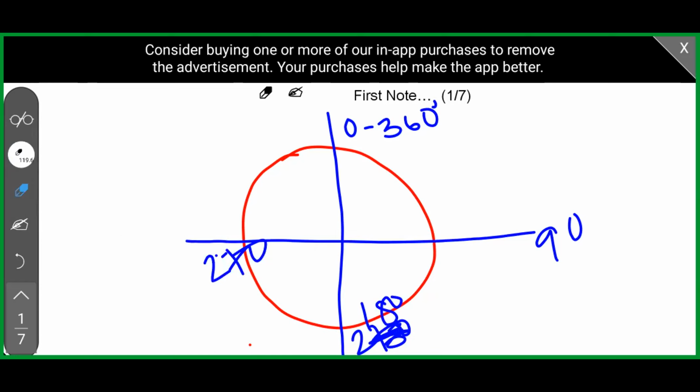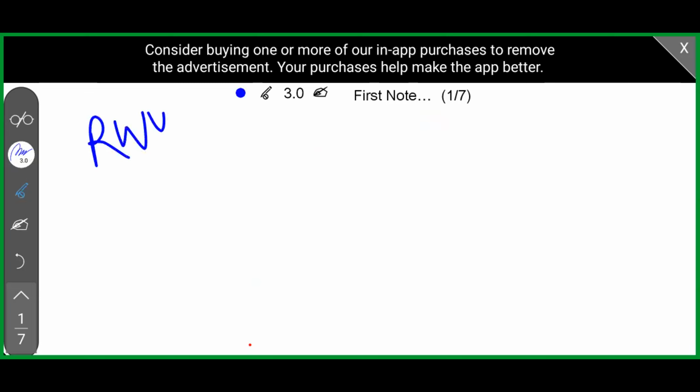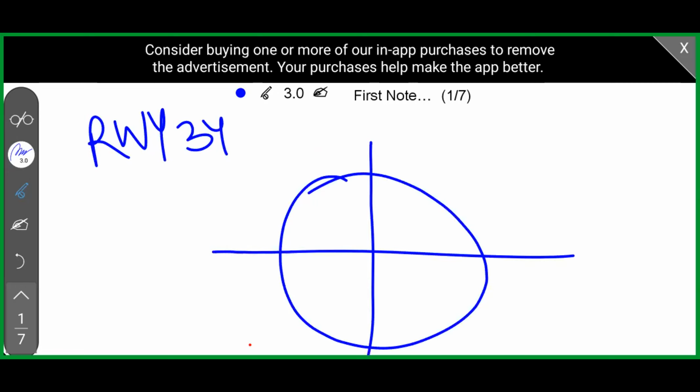So, if someone says runway 34, what does it really mean? This runway is making an angle of 340 degrees. Right?